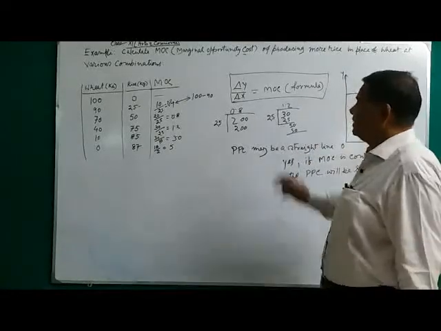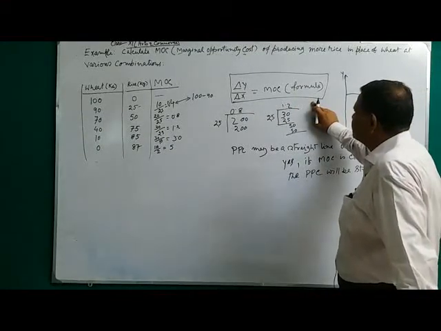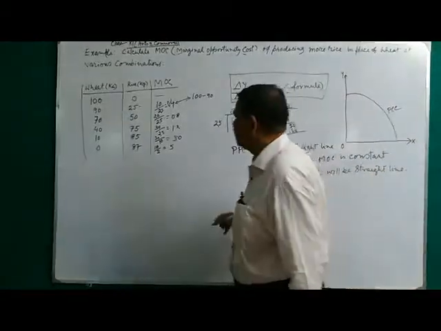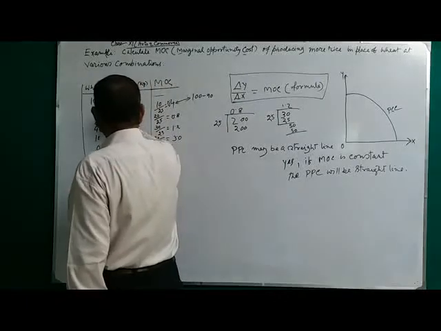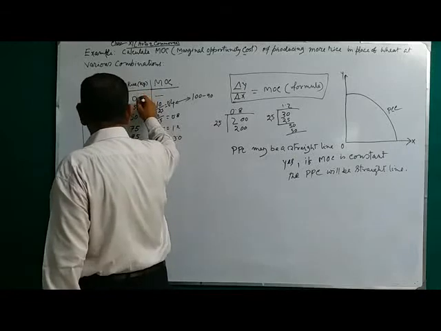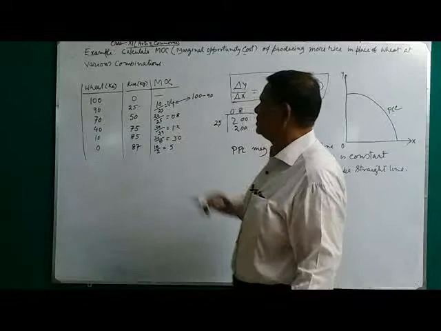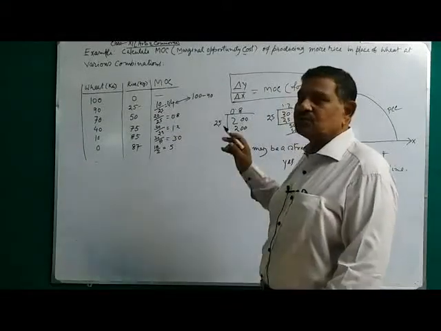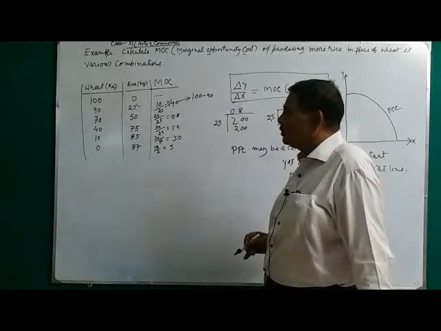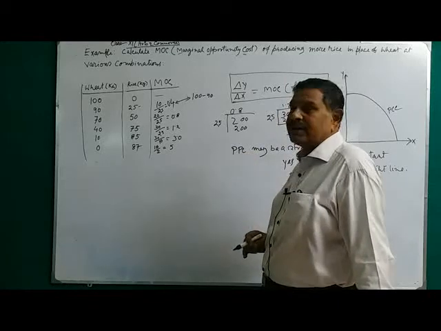Right? So we have read how you can measure MOC. MOC means del y by del x. Del y means the change of first production divided by the change of second production. In this case, you are leaving wheat in order to increase the production of rice. In the first case, you are only producing 100 kg of wheat, then you cannot produce rice.